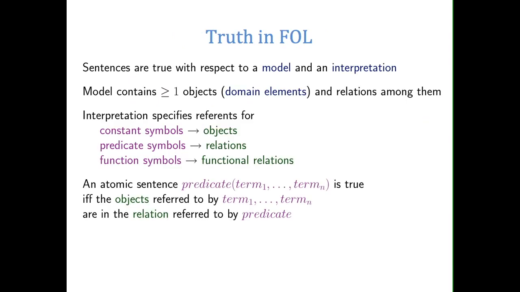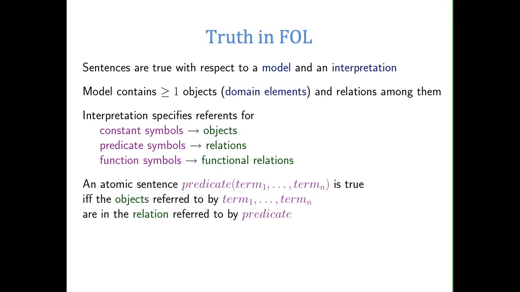So that brings us to the notion of truth and falsity. Sentences in first-order predicate calculus or first-order logic are true with respect to a model and an interpretation. The model has to have one or more objects, which are domain elements, and relations among them. Domain elements might be things like kings, for instance, or universities. And the interpretation specifies reference, that is, the things being referred to, for constant symbols, which are objects, predicate symbols, which are relations, and function symbols, which are functional relations.